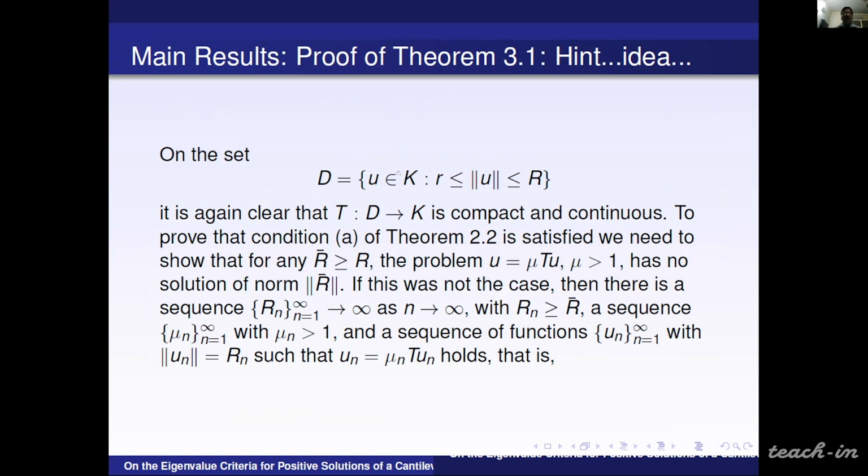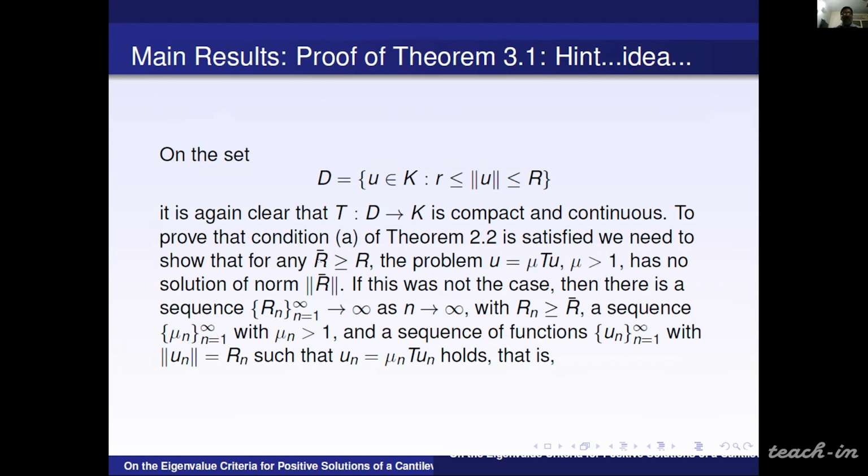For that, what shall we do? Based on this delta we already got one r. So we consider a set D, the set of u in the space such that r is less than or equal to norm u, which is less than or equal to R. The operator T that we consider is compact and continuous.